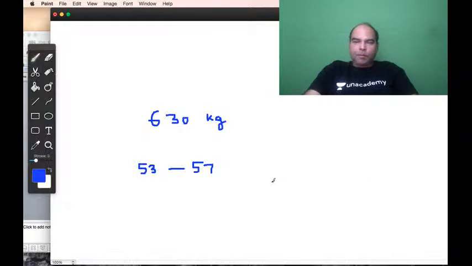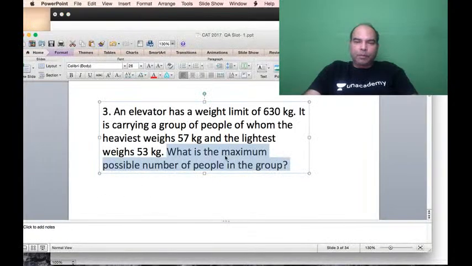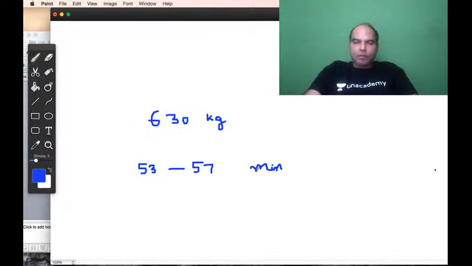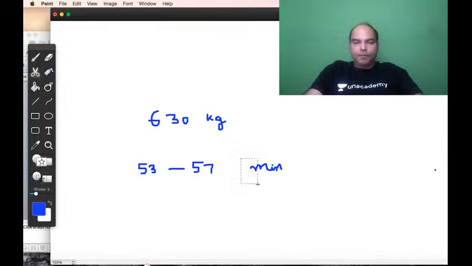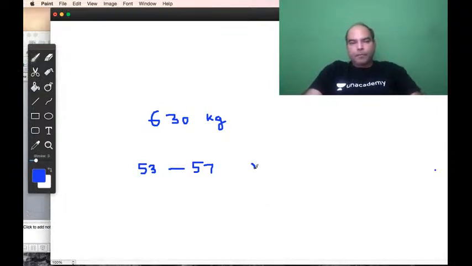If you want to minimize the number of people with this constraint, actually you have to maximize the number of people. In this situation, if you want to maximize the number of people, you'll have to take the maximum number of 53 kg people.